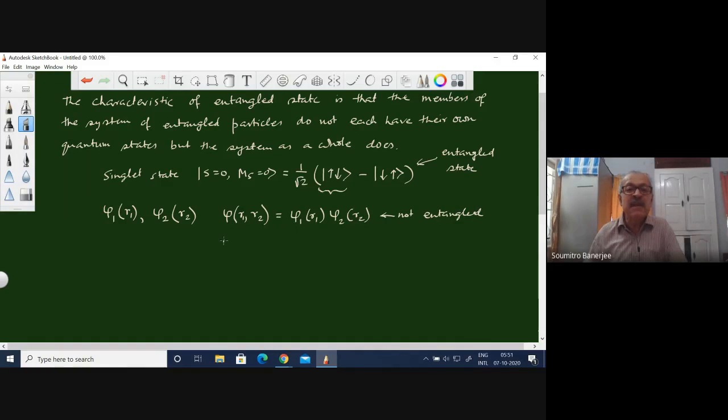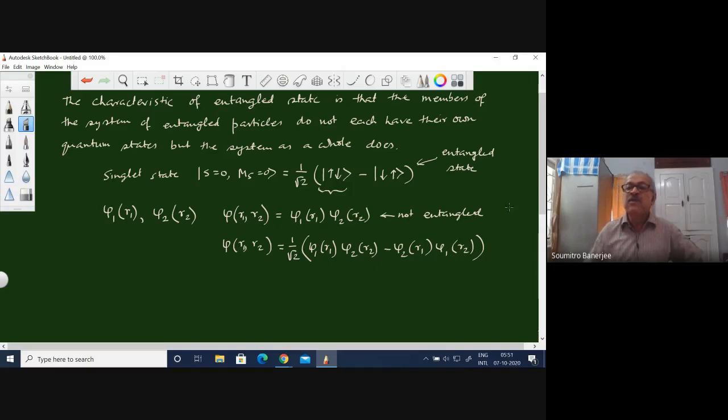But if it has to be given in a form that cannot be expressed as a simple product of the two, for example, we have already come across a state like this, then it is not a simple product of the two. And this also represents an entangled state.